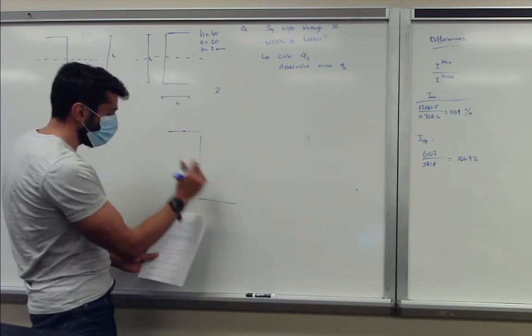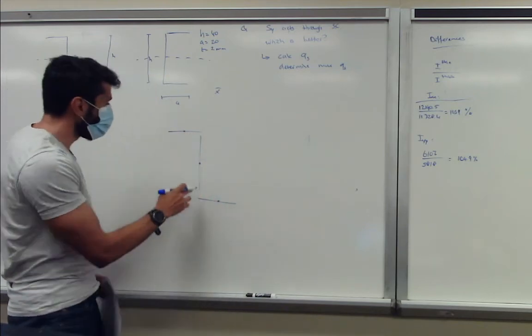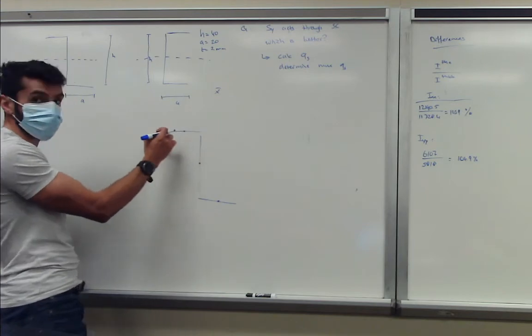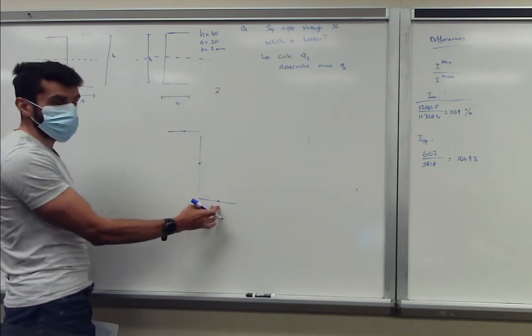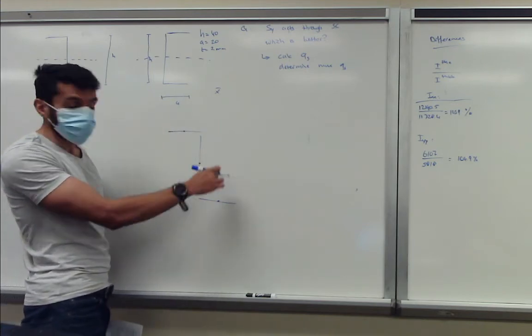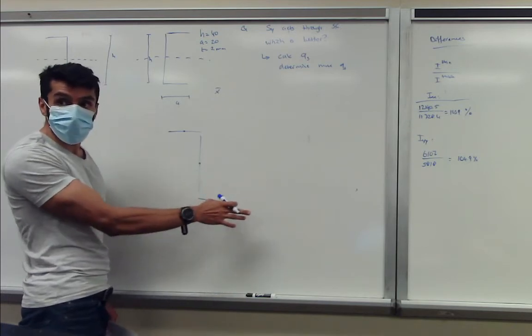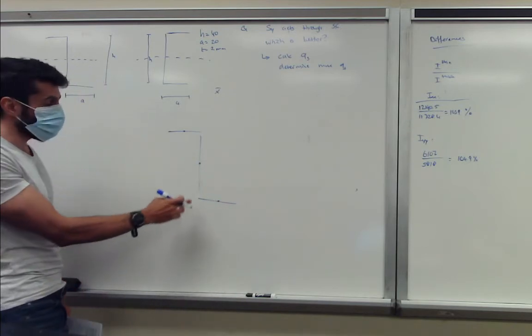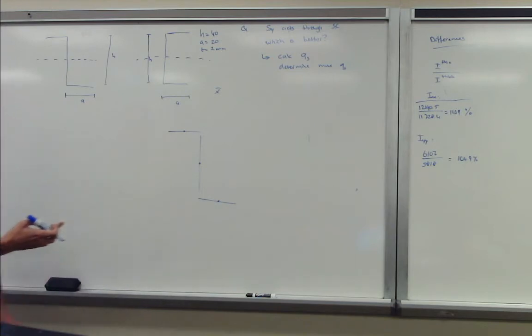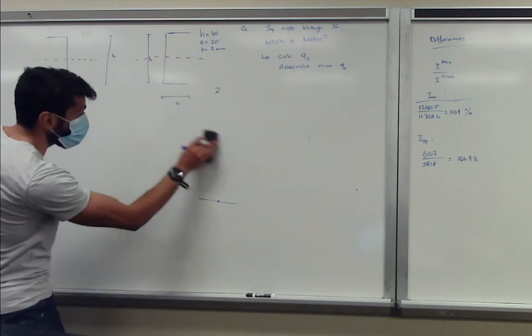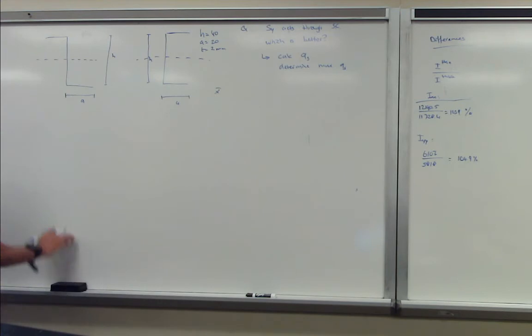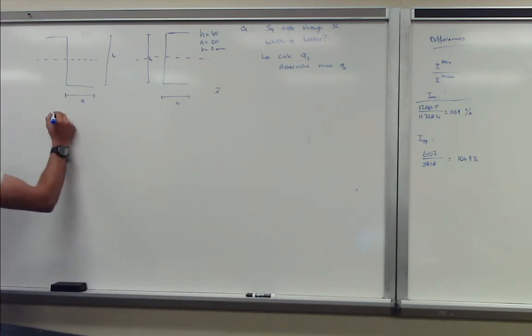So this flange is similar to that flange. So the contribution of this lifting it up and shifting it to the left is basically cancelled by the bottom flange pulling it down and shifting it to the right. So the centroid will lie in the middle. And just by looking at it, you can do the calculation and you will come out with the same conclusion, hopefully. But just to save yourself on time, you can justify that.